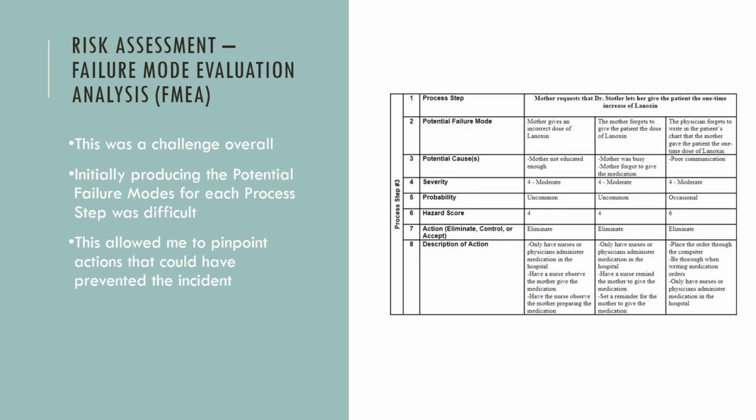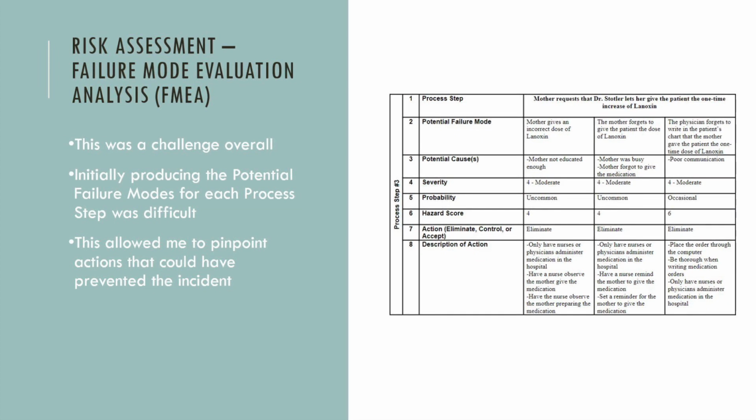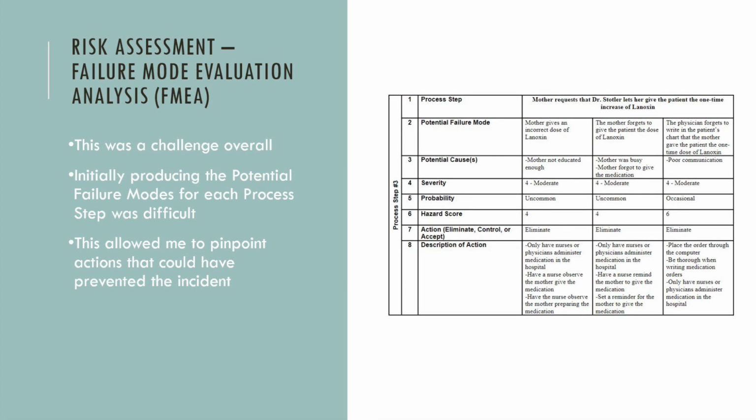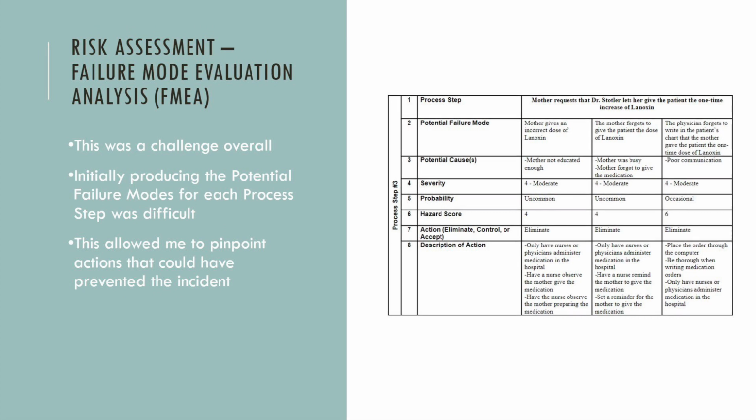The fourth step in our risk assessment was the failure mode evaluation analysis, or FMEA. This was another portion that I'd never heard of, and I kind of struggled with this in reality. Coming up with the different potential failure modes was kind of difficult.